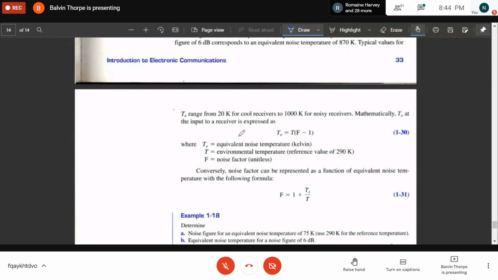The equivalent noise temperature of an amplifier mathematically can be expressed as equation 130. Okay? And conversely, the noise factor can be represented. So from here, we can represent the noise factor F as equation 131.